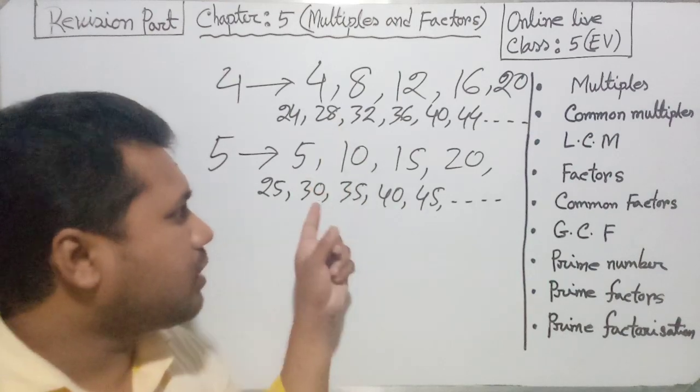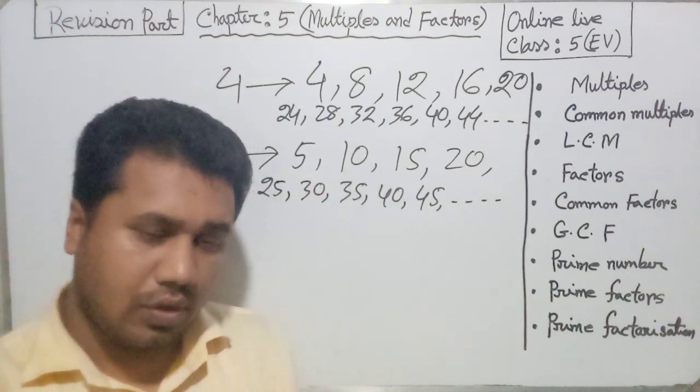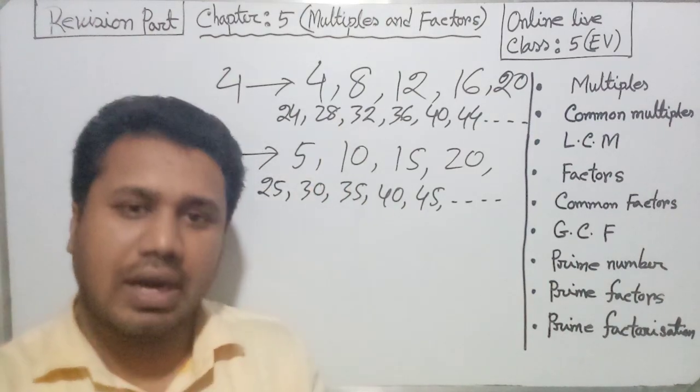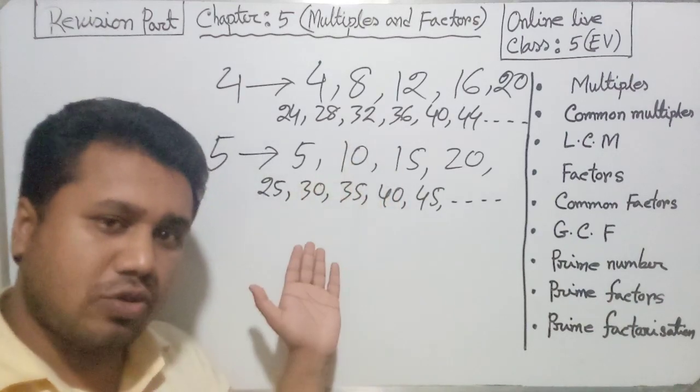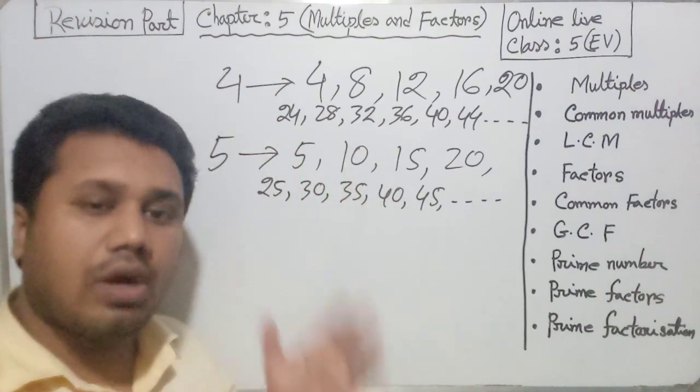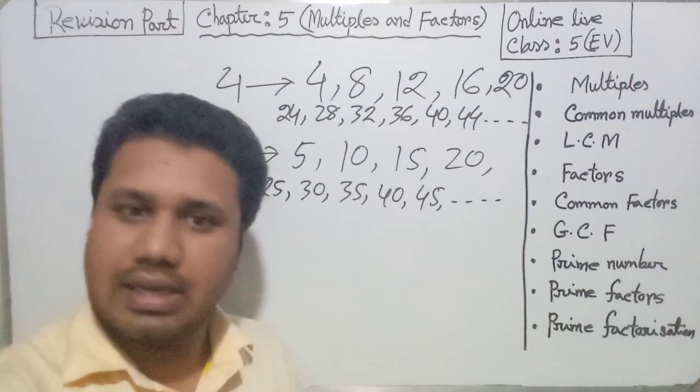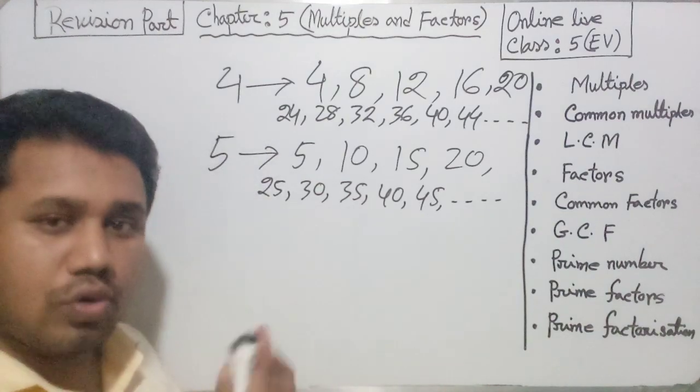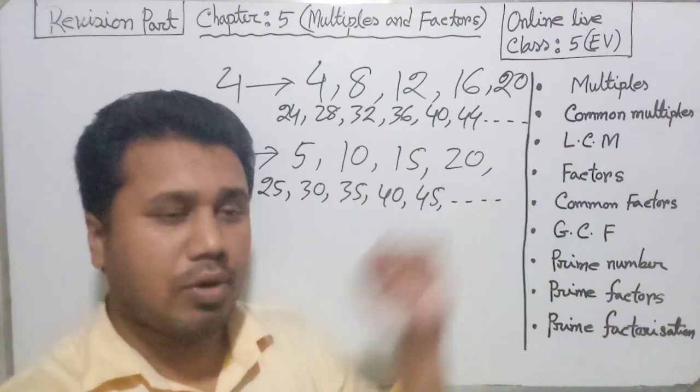Now between these two, which are the common multiples? Common multiples of two numbers, 4 and 5, or we can say 4, 5 and another number, no problem. With more than 2 numbers, we can also find common multiples.